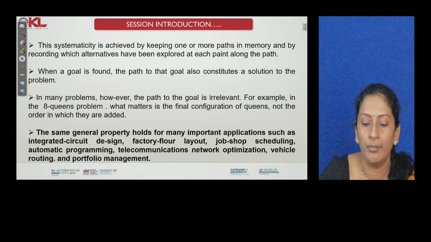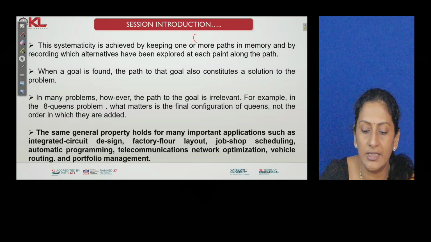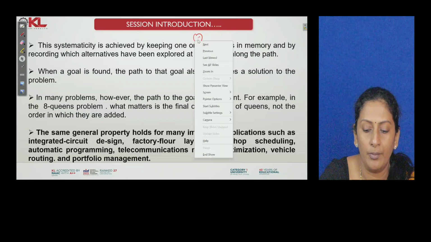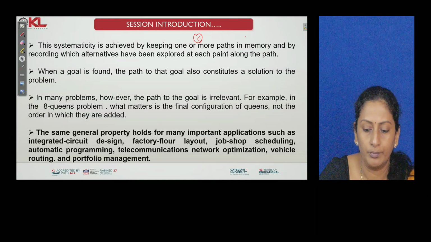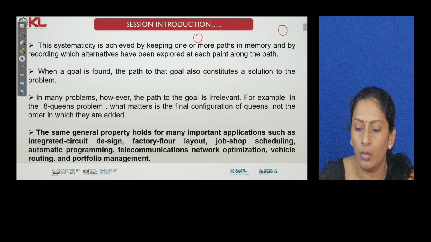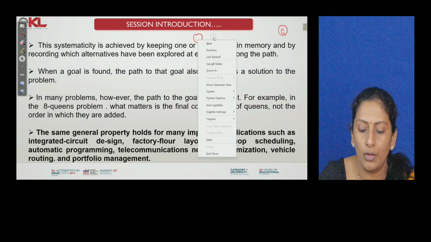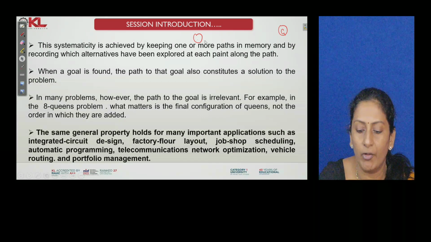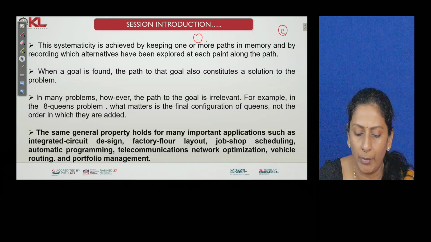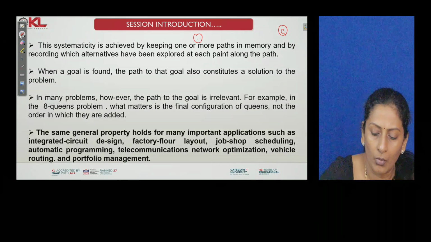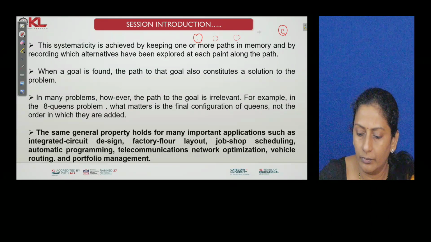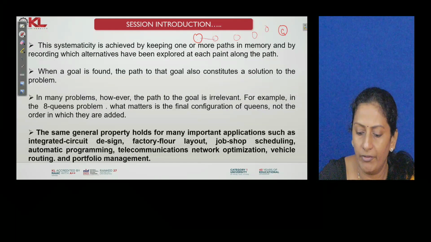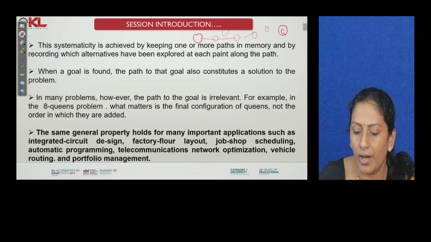For example, this is the source node and this is the goal node. In between there will be many nodes, so we need to traverse and find out different nodes, right?